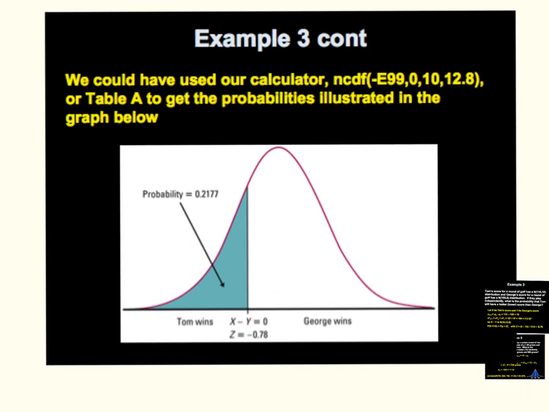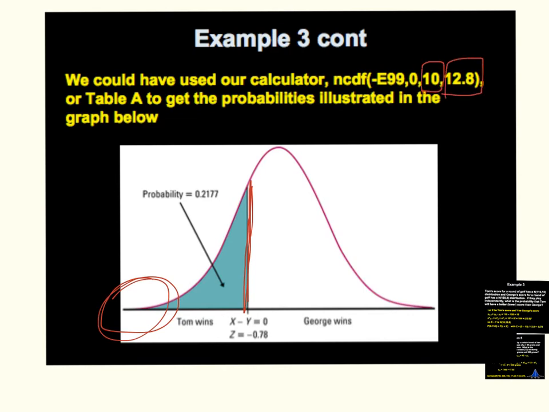And yes, we could have used our calculator, and we used normal CDF, and it's somewhere off the charts over here, so we'll use a large negative number, or just negative 100,000, or whatever you want to do. And then 0 is that line right there. So I want the area in between that, and the mean is 10, and the standard deviation was 12.8.